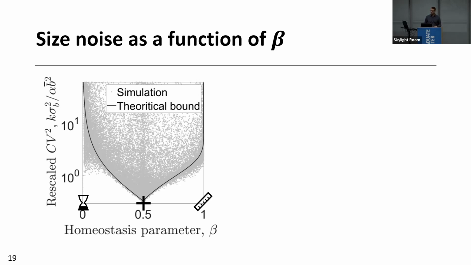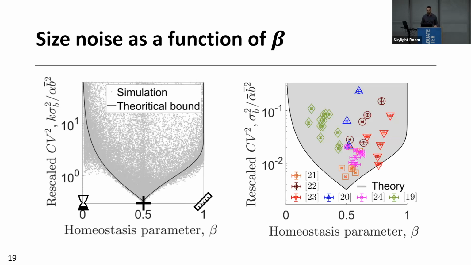So we obtained data from 6 different sources to see if our prediction for this model would be satisfied. What we see is that the data follows this prediction of a bound. But also what I want you to take from this slide is that there's a change in the minimum. It's no longer at the sizer, or beta equal 1, but it's now at the middle.